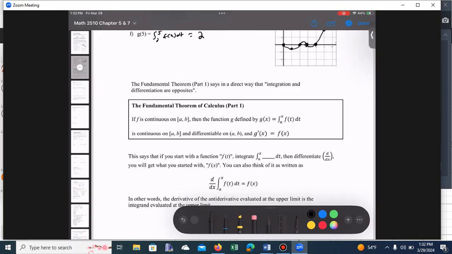All right, so what this is saying is that you start with a function f of t and integrate from a to x. Let me put it this way. If you start with the function f of t and you integrate it from a to x, then differentiate with respect to x, then you'll get what you started with, but it'll be f of x.